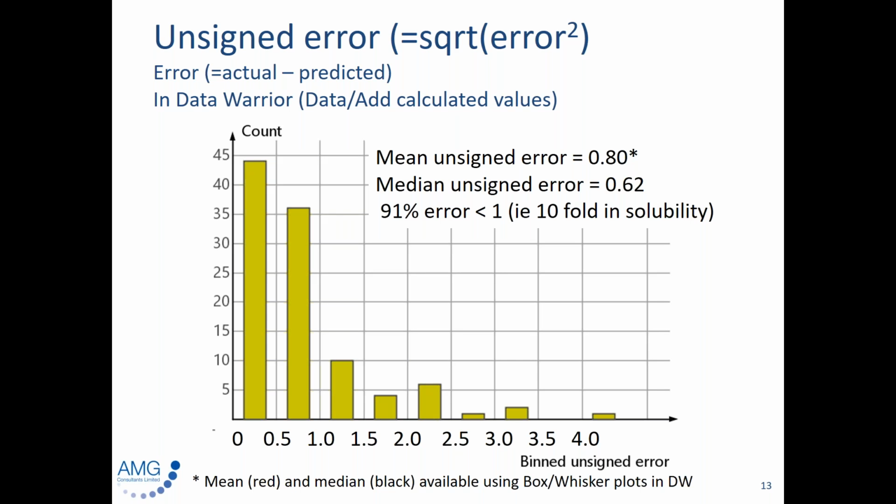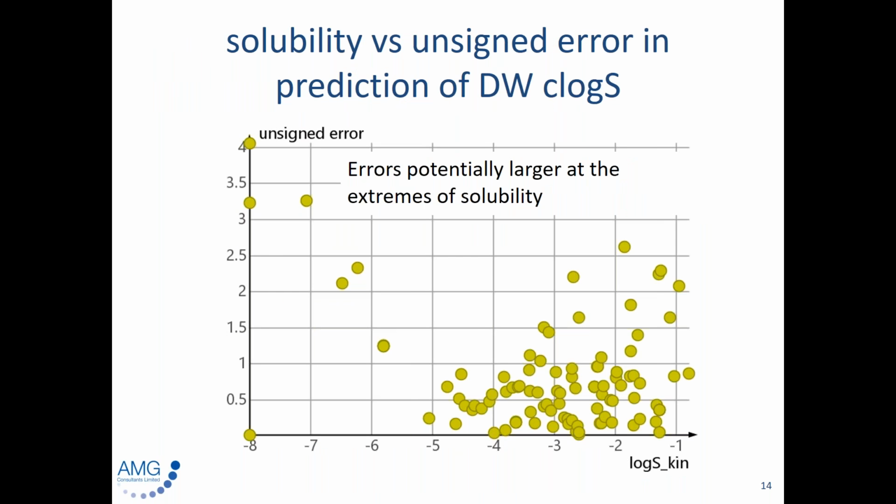It's not terribly easy in Data Warrior to get a hold of those, but they are available if you plot box and whisker plots, where the red line is the mean and the black line is the median. You can also see from this bar chart that about 91% of the error is essentially within tenfold of prediction, and then there are some significant outliers. That gives you an overall picture of the error in the model for this data set.